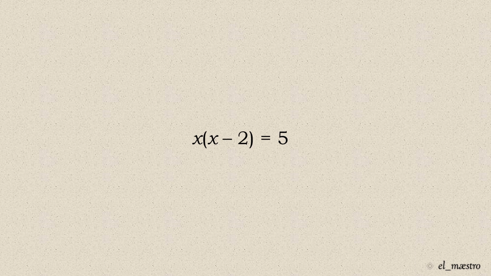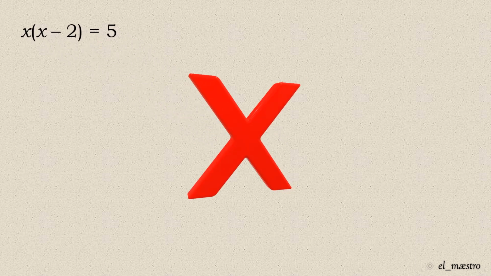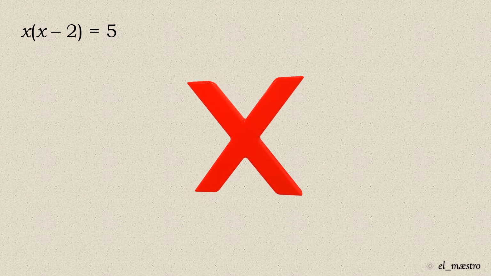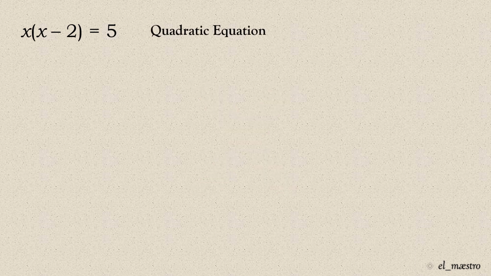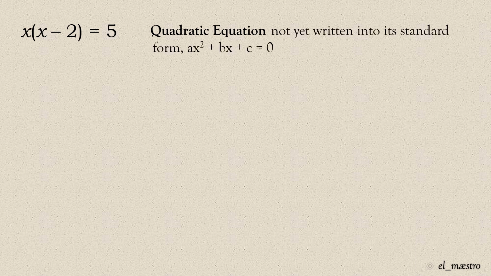If your answer is no, then you are wrong. So you are wrong, class, because that equation is a quadratic equation. However, that kind of equation is not written in its standard form, ax squared plus bx plus c is equal to 0.